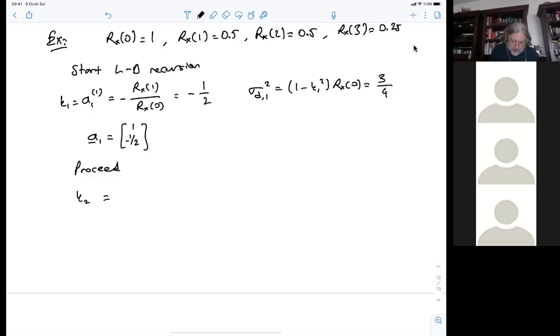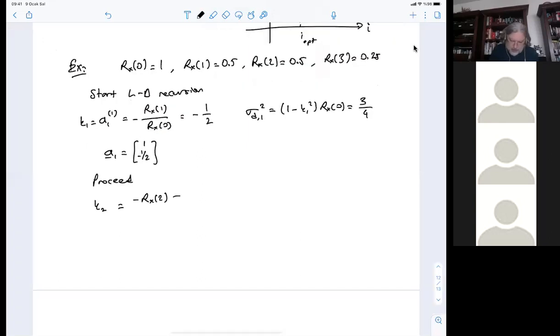From the formula, as we see, K1 is here, and now we are looking for what is K2. That's equal to minus Rx2 minus A11, which we already found to be minus 1 over 2, times Rx1, over the previous variance.